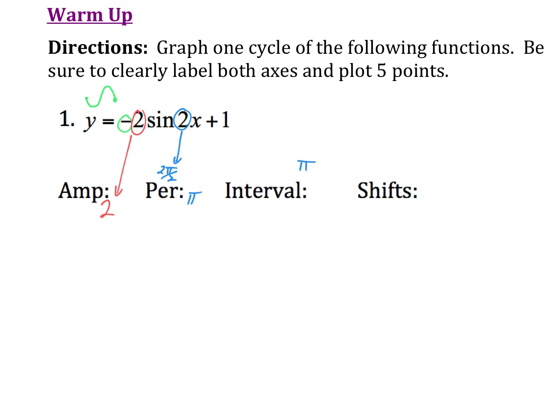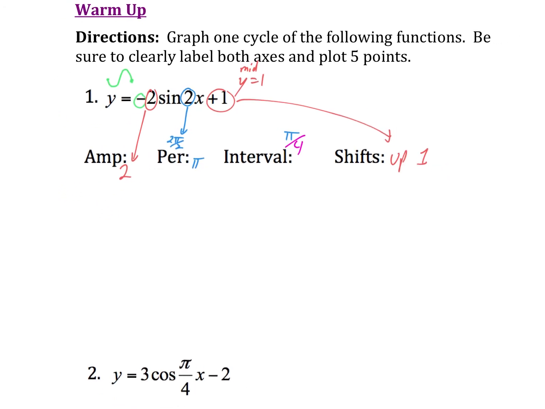So we'd go pi over 4, and I can't simplify that. And lastly, we have this plus 1, which means our graph goes up 1 unit. Remember, that d value is also going to be the midline, so we got that tidbit of information for free.